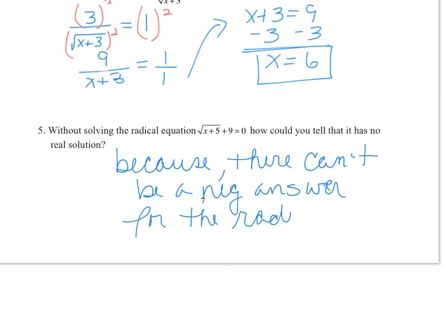There's no way I can get a negative 9 by taking the square root of whatever I put in for x. It's just not going to happen.